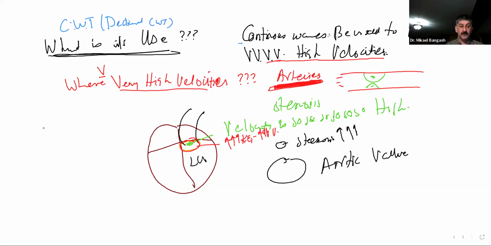But that velocity is going to get even higher if that aortic valve, for instance, was stenosed. Just like the velocity in an artery is going to be highest at a stenosis.